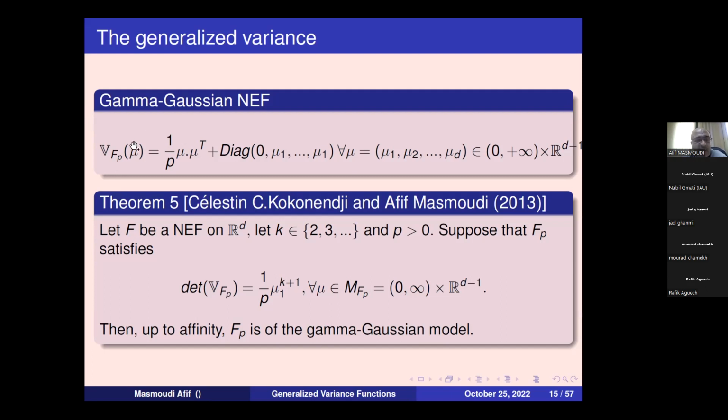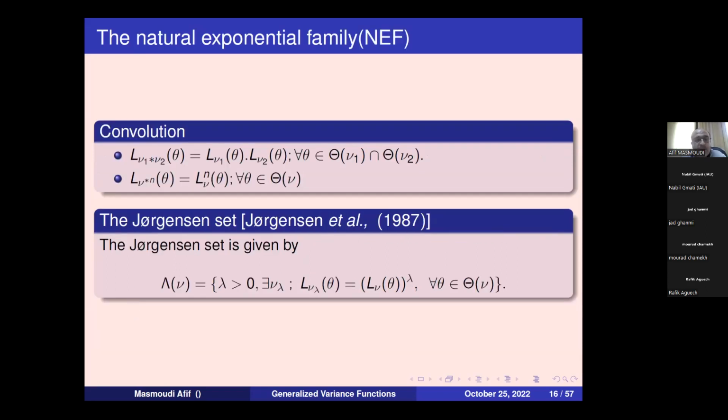So the variance function of this family is given by this matrix. And if you calculate the generalized variance, we obtain this formula. It depends only on the first component. Then up to affinity F is the gamma Gaussian model. Here, if the generalized variance is equal to this expression, then F is a gamma Gaussian model.